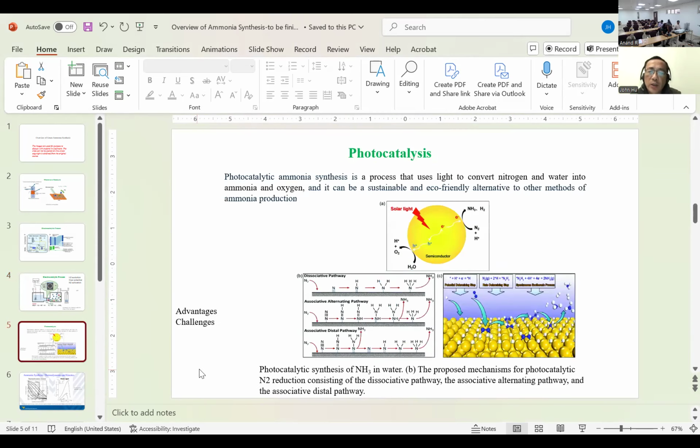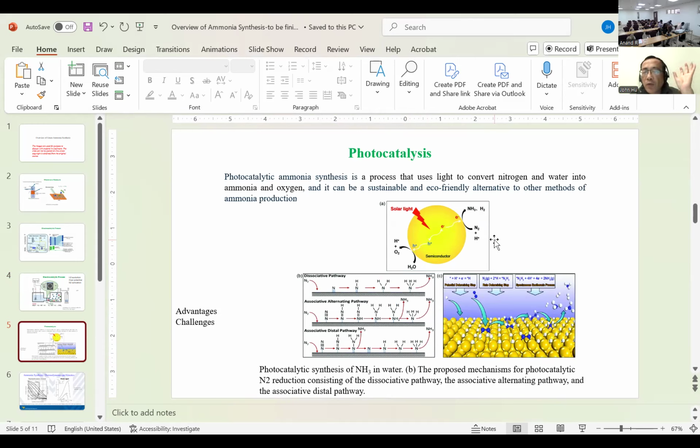In photocatalysis, your energy comes from solar, but you do need something like an artificial leaf or an artificial material. They call it a semiconductor. Semiconductor means it's sensitive to solar light, and then it takes the water and makes a proton, and then the proton reacts with the nitrogen.